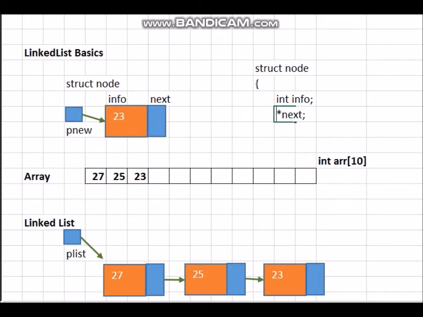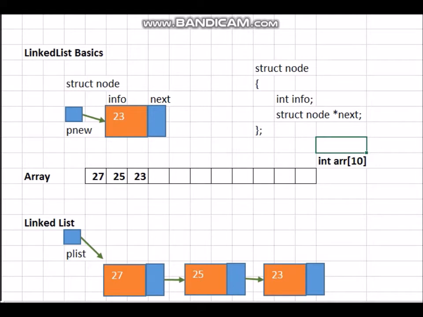And what does it point to? These green arrows which you see, what do they point to? This arrow points to this box. This arrow also points to this box. So this next is actually pointing to a box of the type struct node. And this is the essential initial declaration which you have to do.